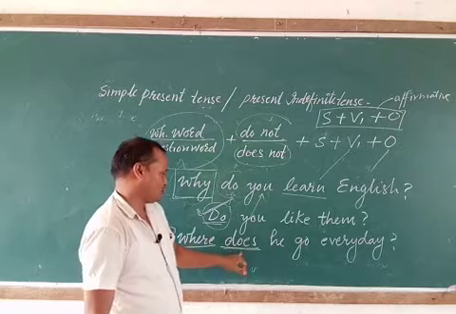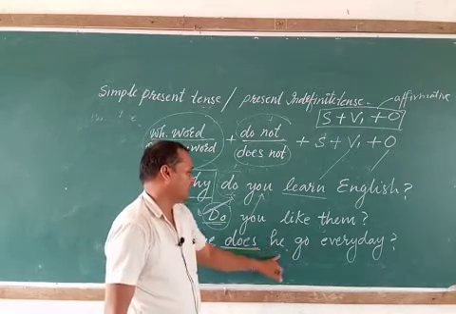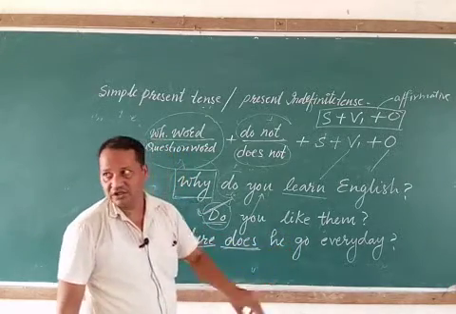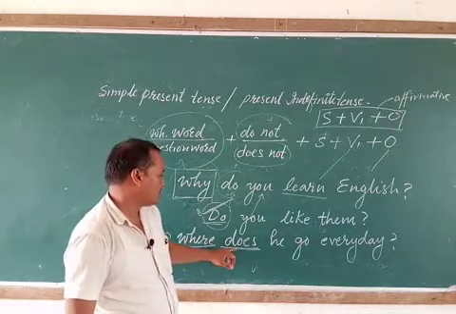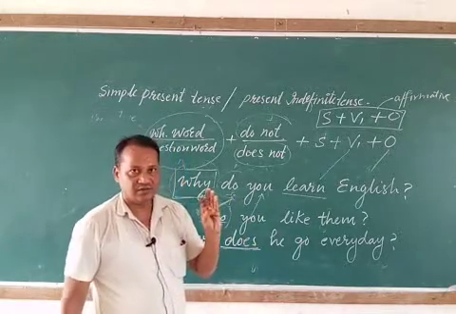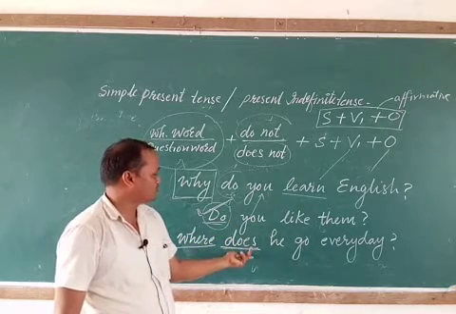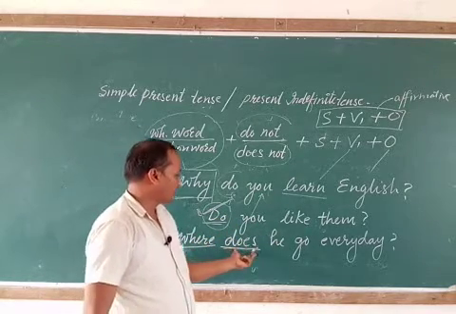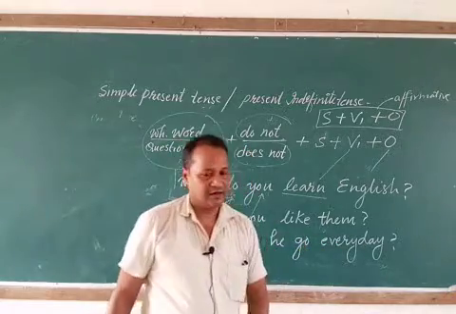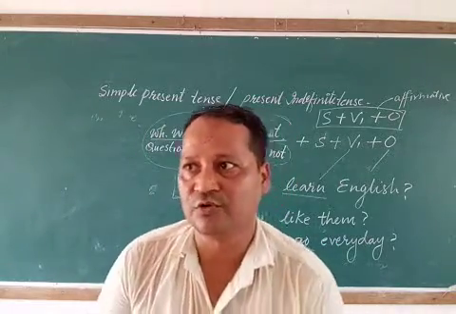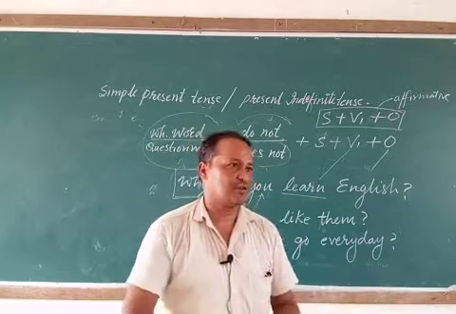So you can see the difference. Here he is singular, with he, she and it we use does, and with I, we, you, they we use do. So here I used does. Where does he go every day? I hope you have understood now what is the structure of the sentence.